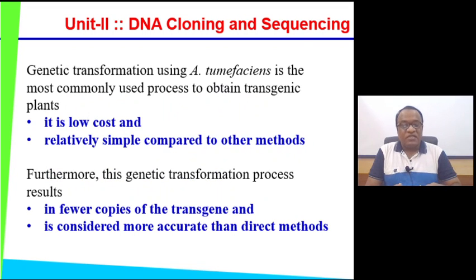Right? So then, genetic transformation using Agrobacterium tumefaciens is the most commonly used process to obtain transgenic plants for the reason that, number one, it is a low cost method, and number two, it is a relatively simple method compared to any other methods that are available.